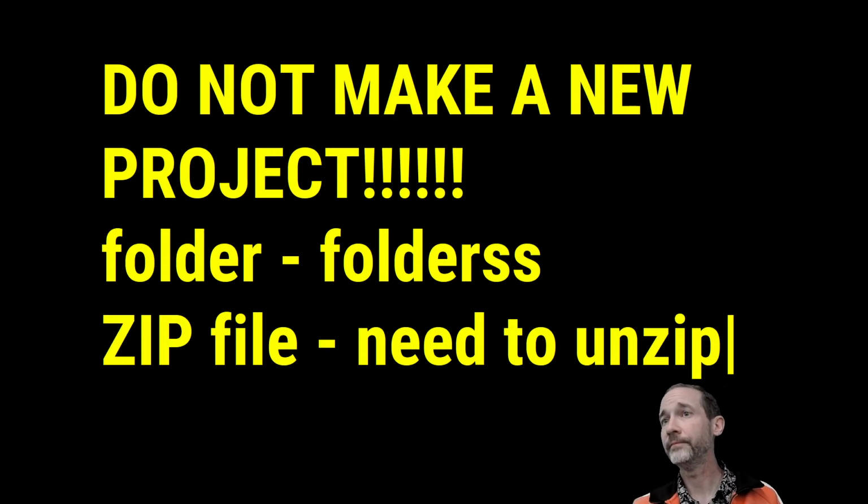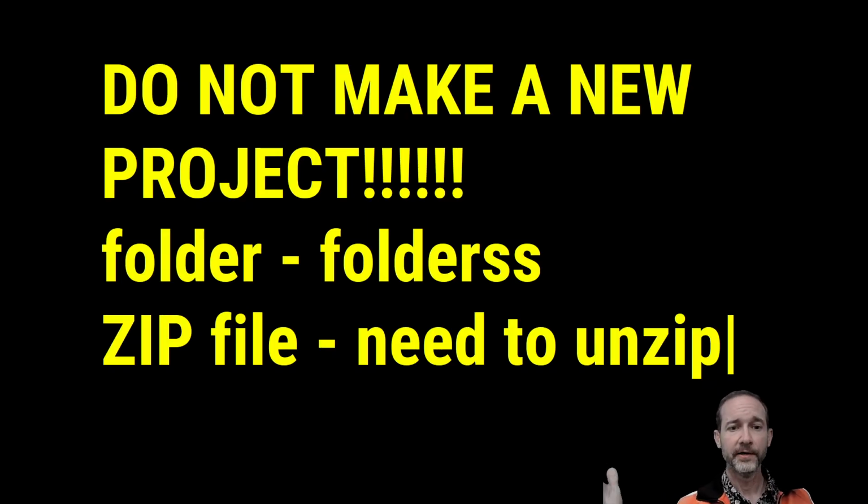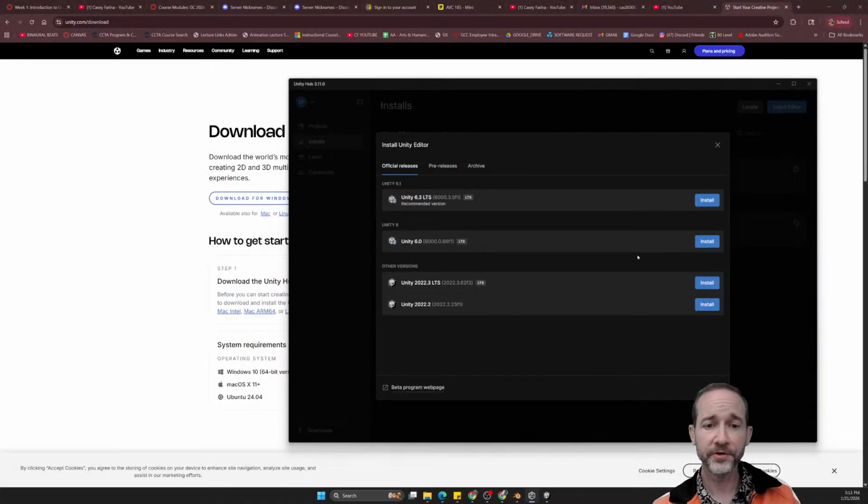That's not gonna work, right? Because it's a compressed thing. You need to unzip it into the folder with a bunch of other folders and then tell Unity, here's my project, okay? So unlike Photoshop and other things, we're not making a new project this week. We're starting with a project that I've configured for you and is ready to go. Okay, there's more to say about that.